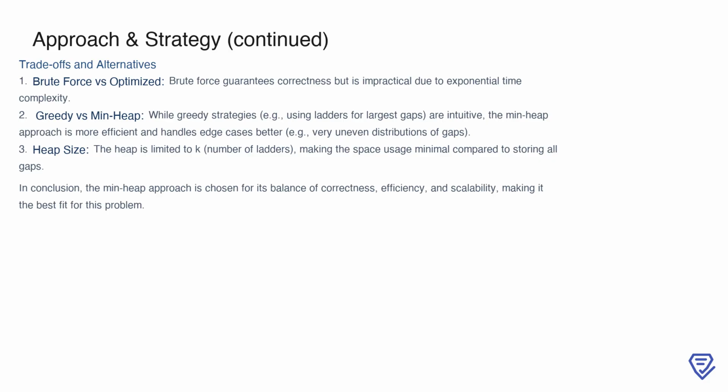By limiting the heap size to the number of ladders, we ensure minimal space usage while still managing gaps optimally. This makes the min-heap approach the most practical choice for large-scale inputs, as it handles uneven distributions of gaps and maximizes the number of buildings we can reach. Overall, this strategy is the best fit for solving this problem efficiently and reliably.